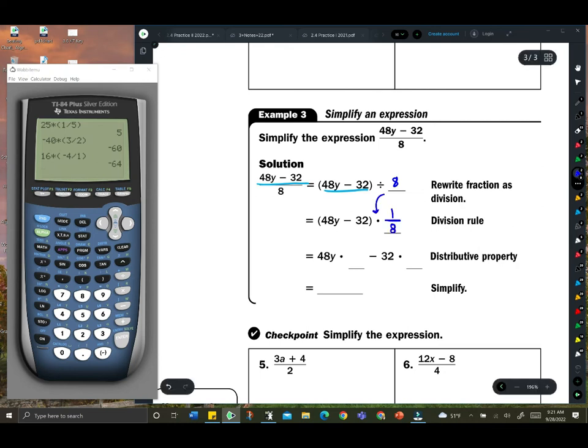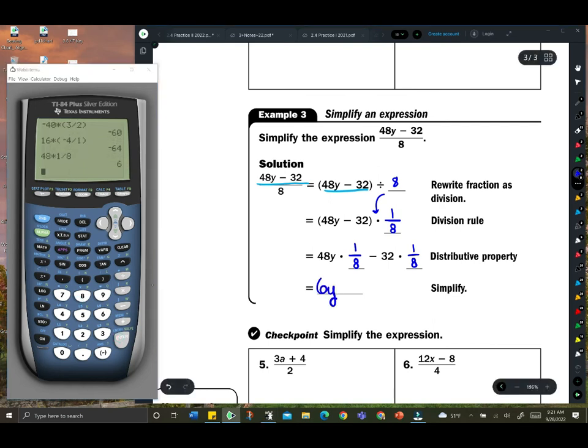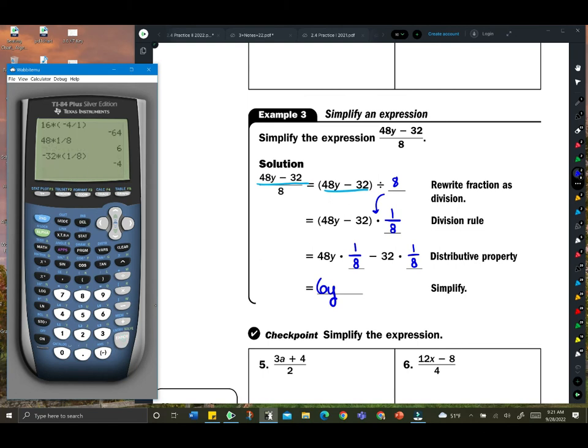And then we have our distributive property. So multiplying each of those is really 48y times 1/8, and negative 32 times 1/8. If we do that, 48y times 1/8, we get 6y, and negative 32 times 1/8, we get negative 4.